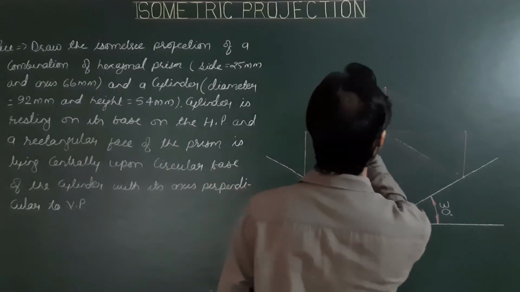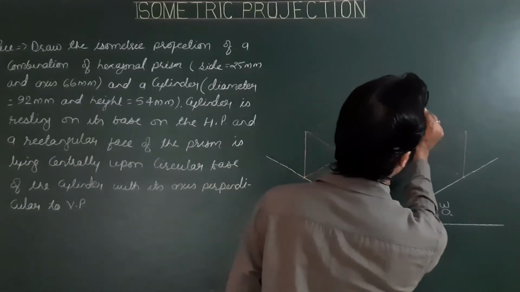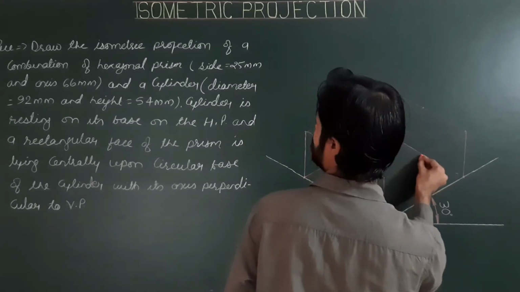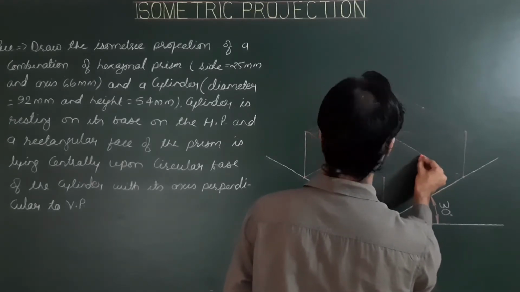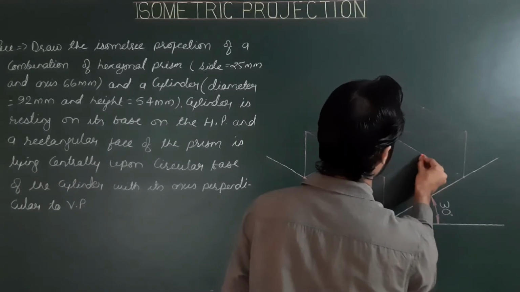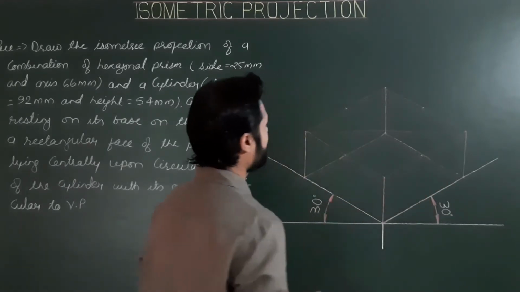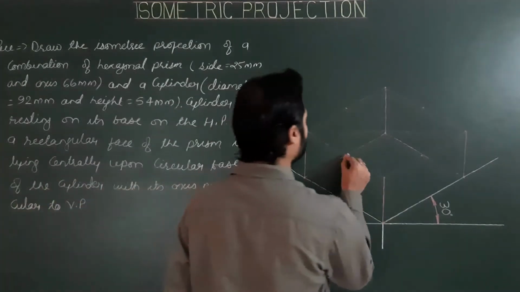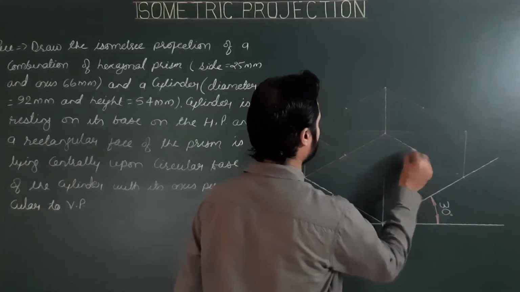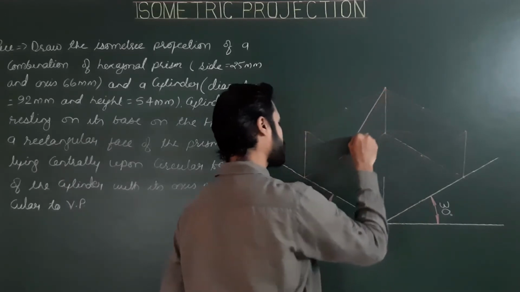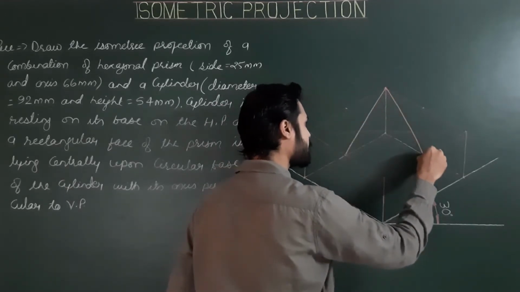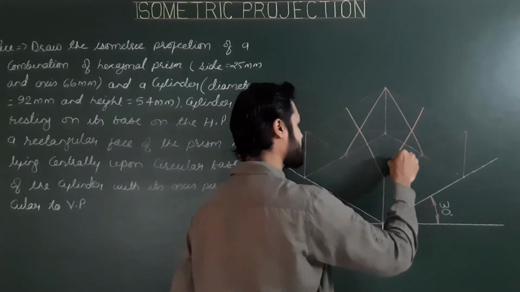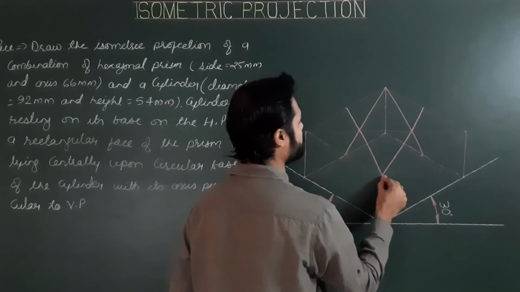Next, we have to mark all four midpoints of the square. And then from midpoint to opposite corner, we have all four centers.